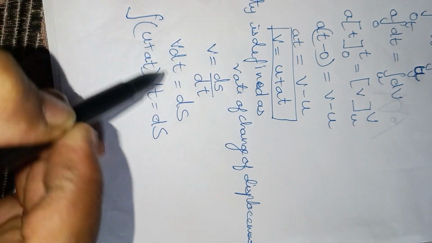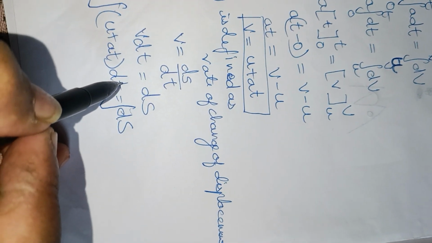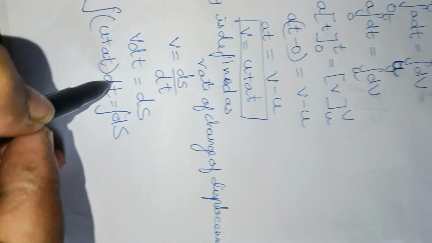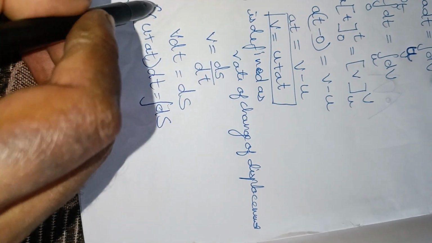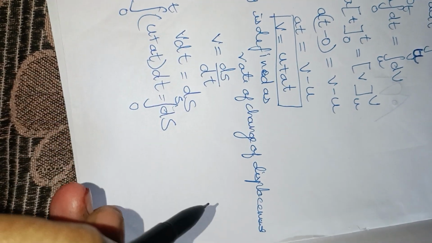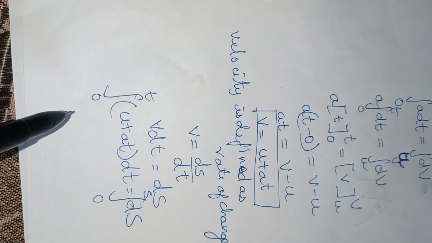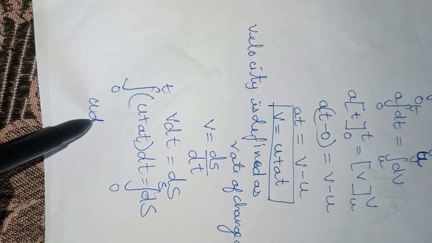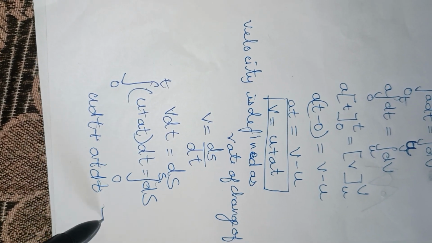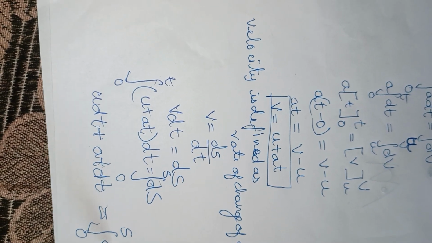For dt we apply the limits from 0 to t, and for ds we apply the limits from 0 to s. After this we remove the brackets: u dt + at dt = integral from 0 to s of ds.